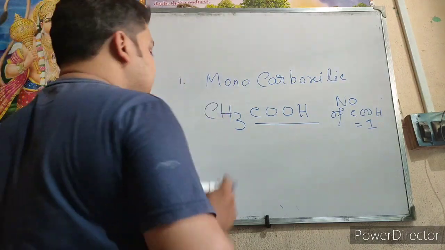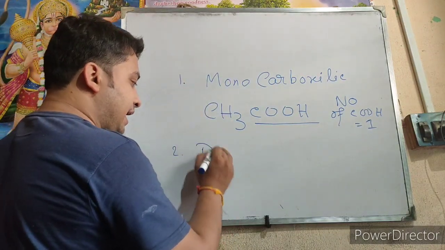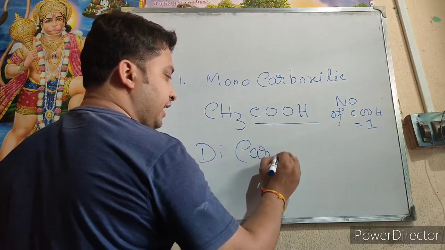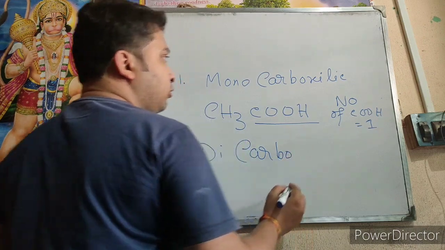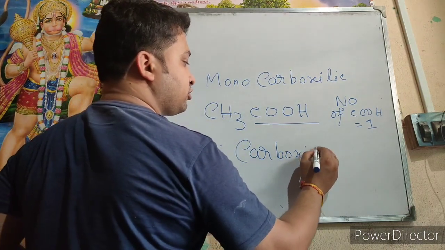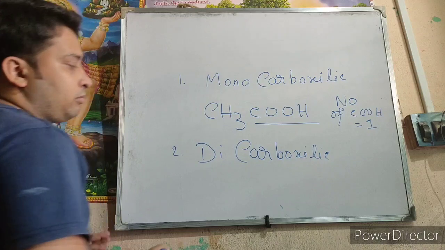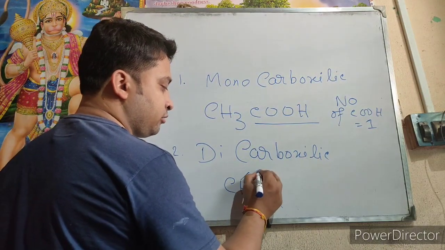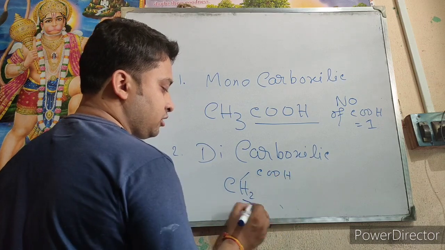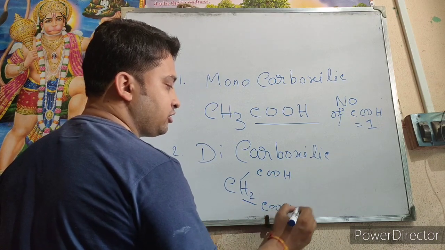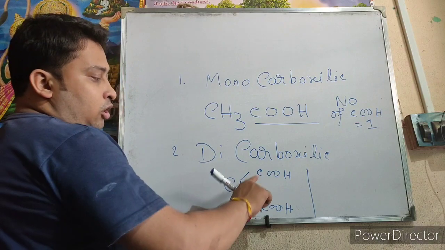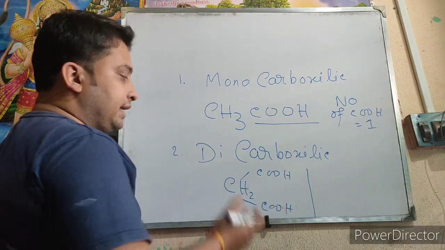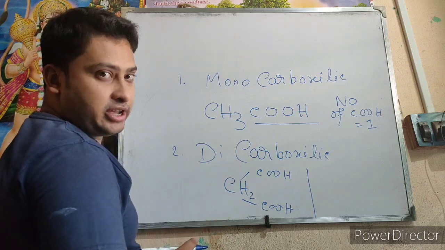Then dicarboxylic compound. A dicarboxylic compound means you can get COOH on the same carbon or on different carbons. So the number of COOH equals 2, that is why it is called a dicarboxylic compound.